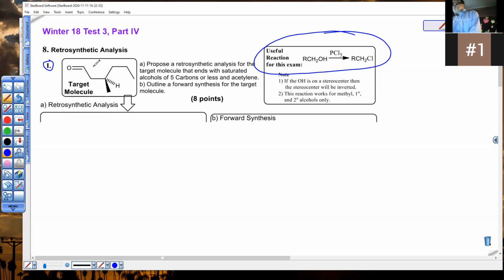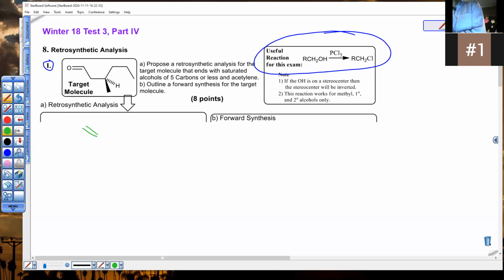So keeping that in mind, the last step here is the first backward step. Remember, this arrow means I know how to make this molecule from whatever you draw here. You better know a reaction that makes what you're drawing here into this. And the only reaction we learned to make aldehydes was this one.